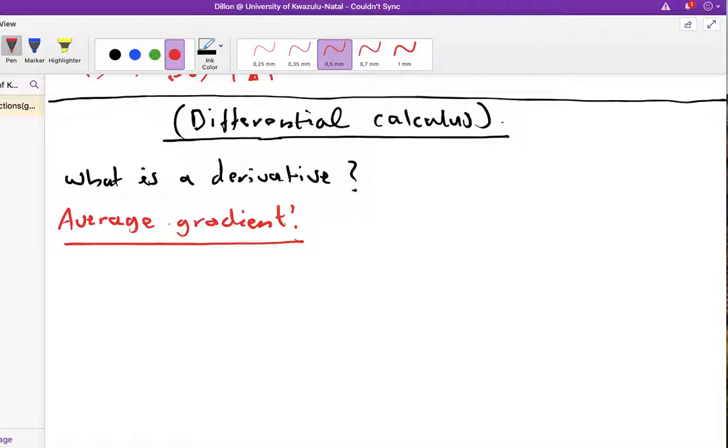So let us start by defining the average gradient.